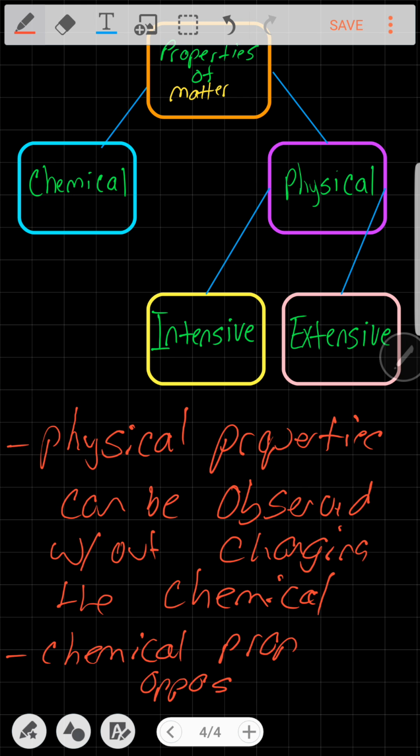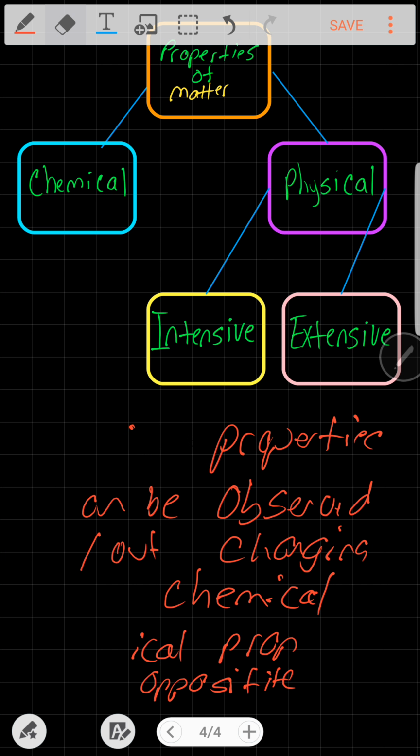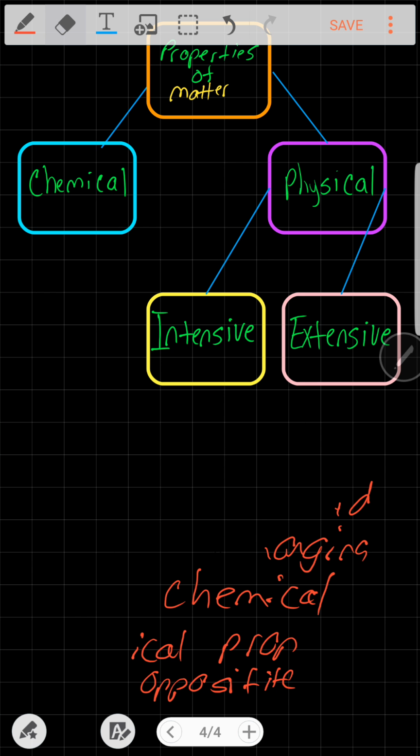It can only be observed by changing the chemical composition. That's how we know it's a chemical property. Another way to look at this is that a chemical property is really talking about how one compound interacts with another compound. That's basically what it's saying. I hope that's not confusing. That's all it's really saying.